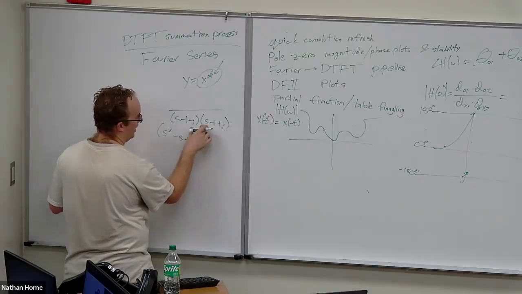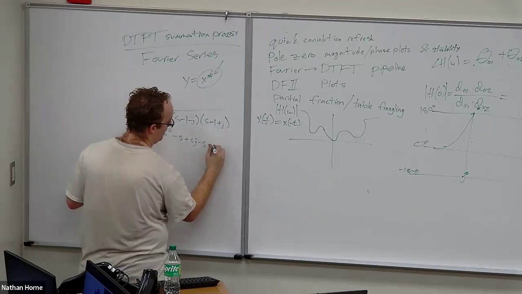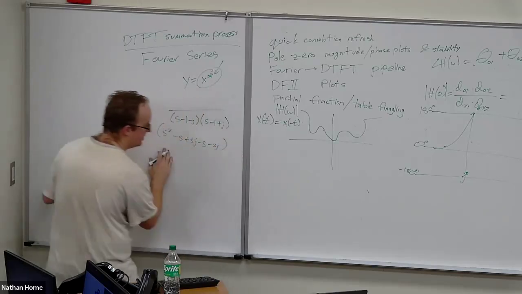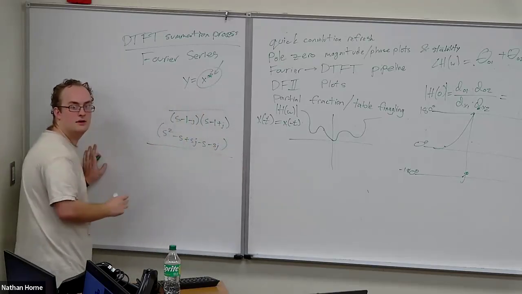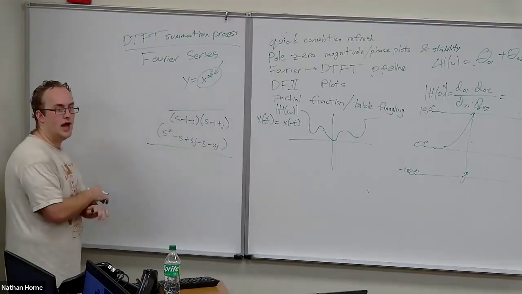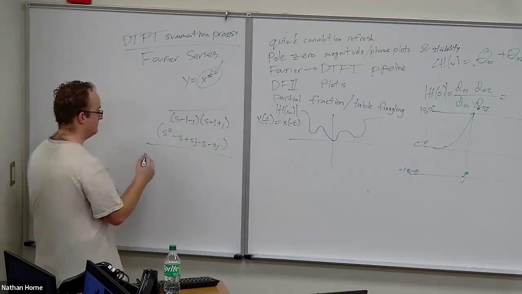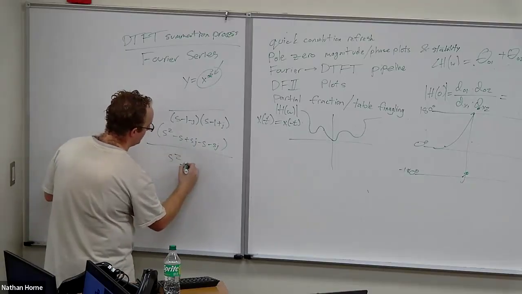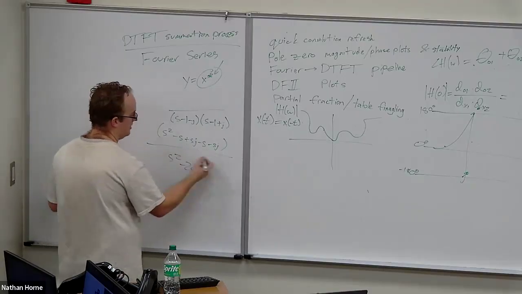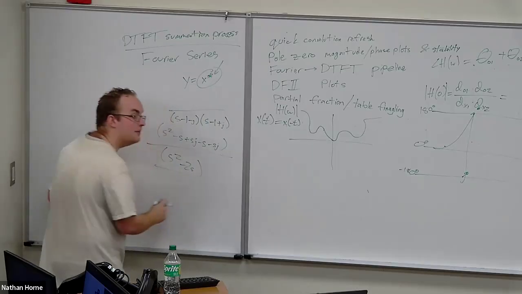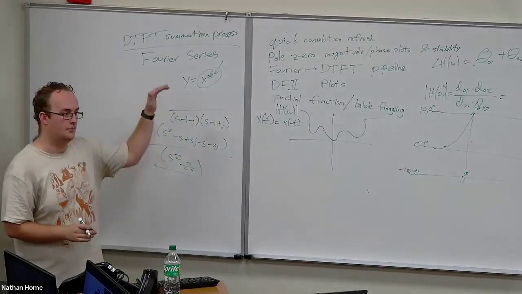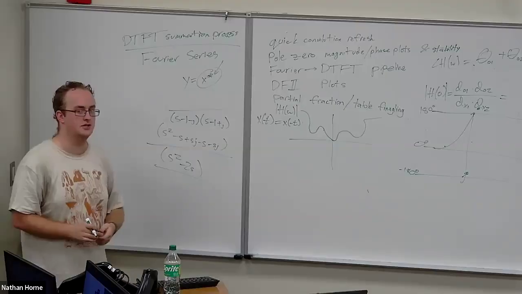And then s times negative j, minus sj. What is notable about this? The imaginary parts cancel out and they are gone. So we have s squared minus 2s, and these sj's cancel out. Nothing imaginary there. That's why complex conjugates result in real functions.